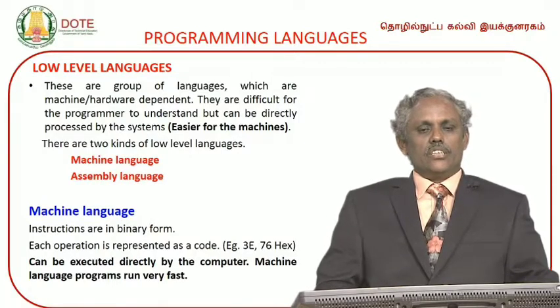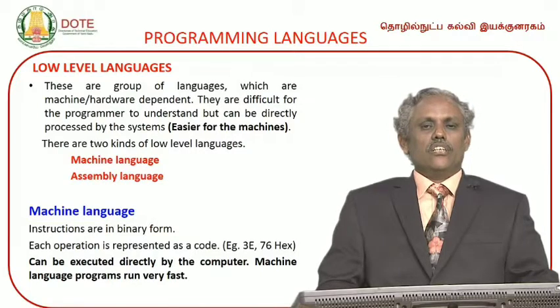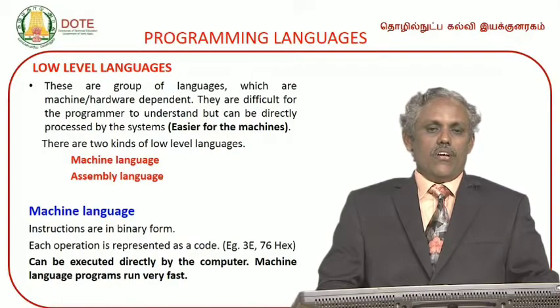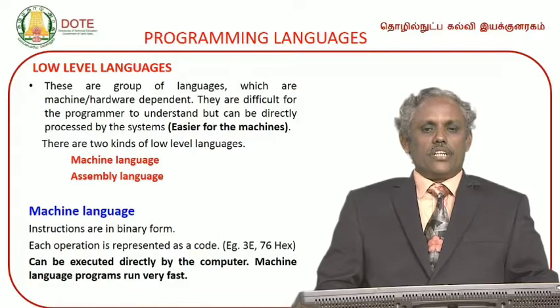So, all the instructions given to the system must be given as a code, but we cannot write everything in numbers. It is difficult for us. In the initial stage, the programmers write the program in these types of codes. Each operation is represented as a code.